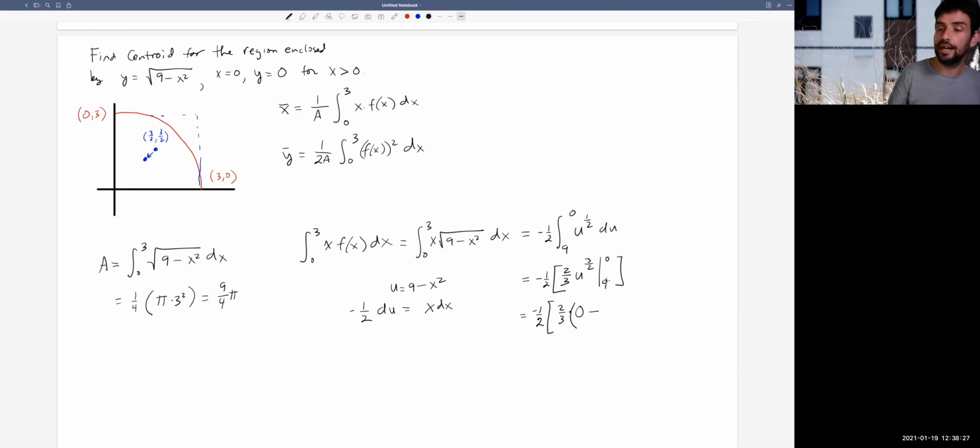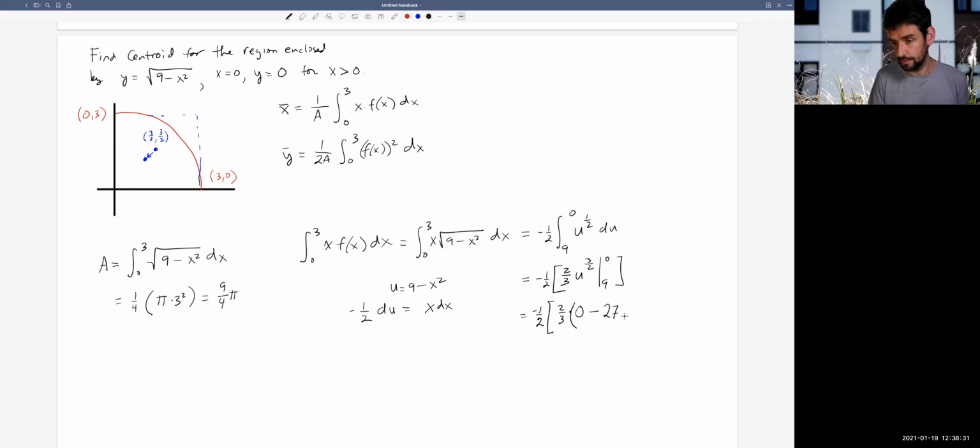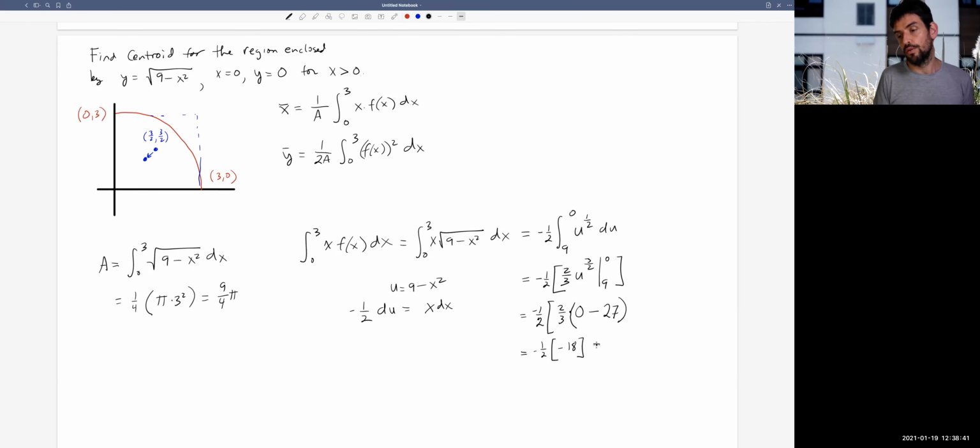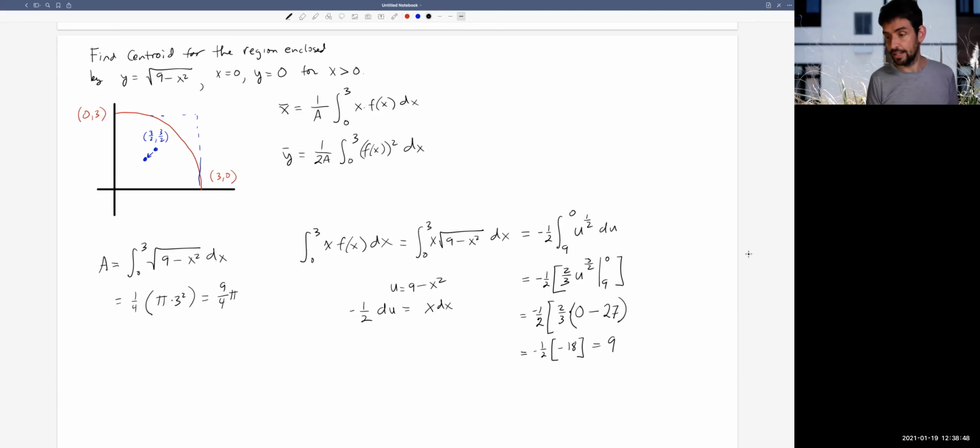When we put in 9, 9 to the 3/2 is 27. So I get negative 1/2 times 2/3 times negative 27 is negative 18, or 9. All right, so there is the integral for the x bar.